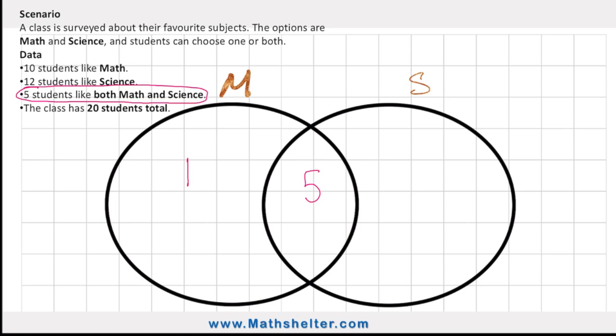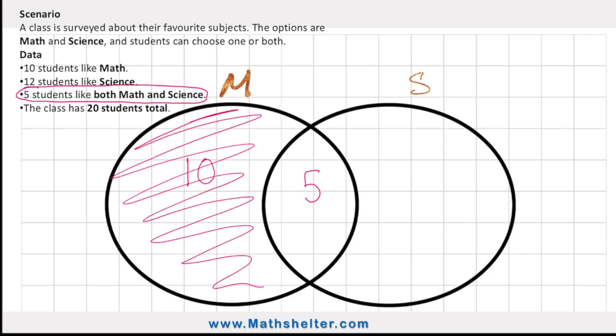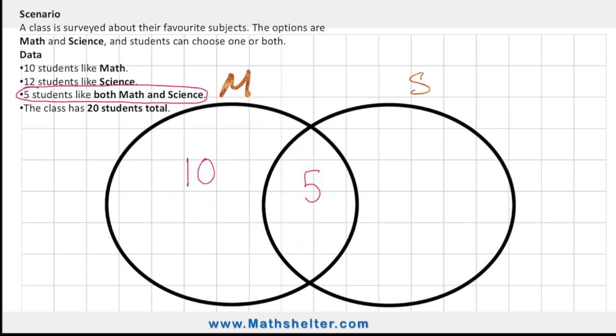So instead of putting 10 here, I need to understand that 10 is shared between the students that only like maths, this area just here, and 5 of them that like maths and science. So I'm going to get my 10, and I'm actually going to subtract this 5, this shared 5, away from it, and that leaves me with 5. So there are actually only 5 students that only like maths.